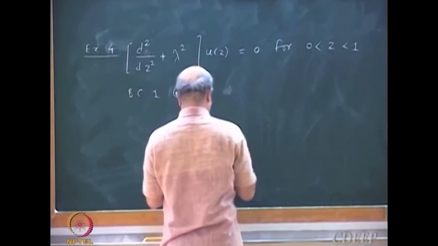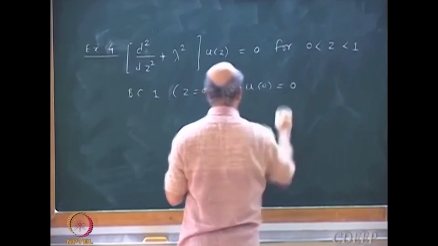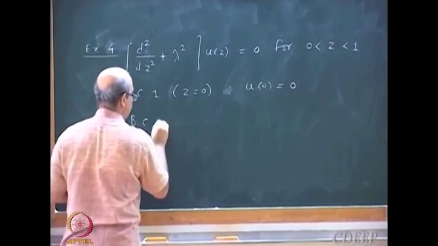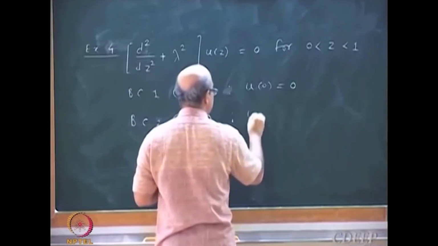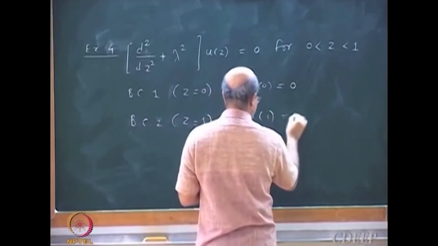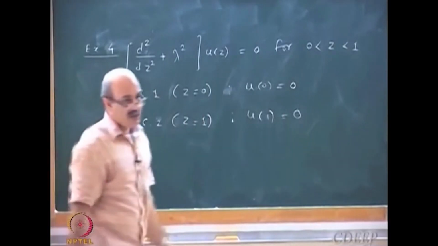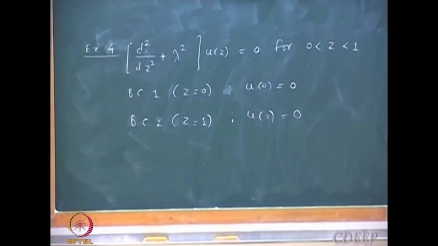So this is u0 is equal to 0, and then I have a second boundary condition at z is equal to 1. So this is u1 is equal to 0. Well, this kind of problems will appear when you start solving partial differential equations, and so-called strong linear theory, which will be covered in the other course.